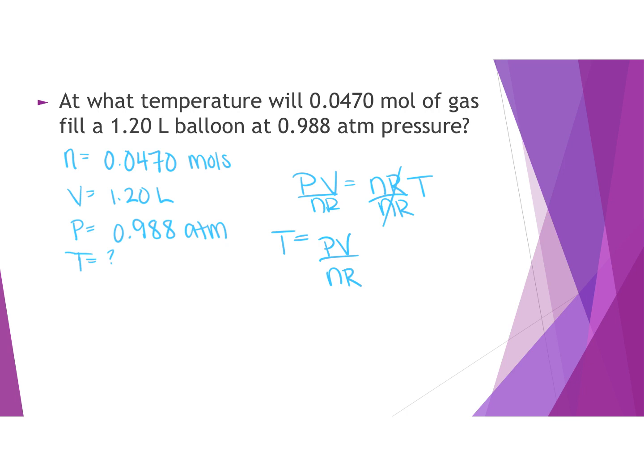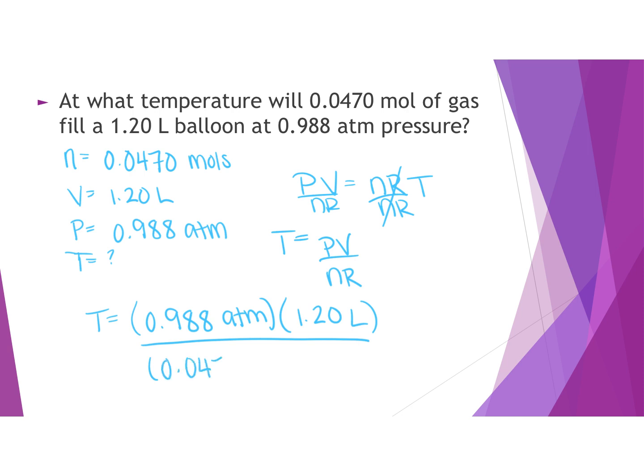So now that I know the order of my equation, I'm just going to plug in my numbers. P is 0.988 atmospheres. V is 1.20 liters. N is 0.0470 moles.